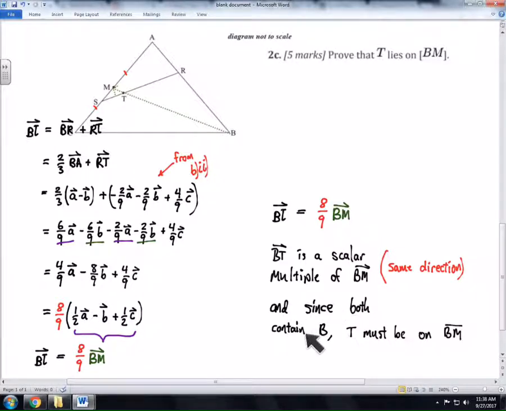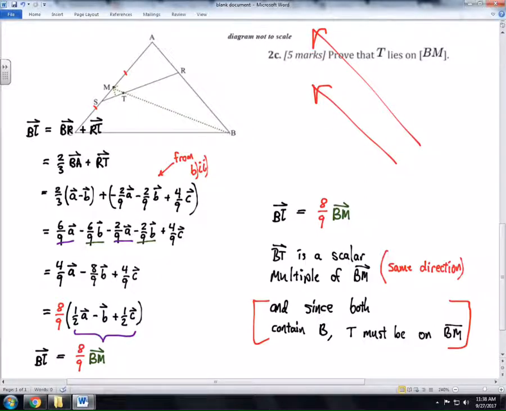Coupled that with the fact that they both contain the point B means that T must be on the line BM. Now again, if I left out this last part right here, then we could claim that one vector is here and the other vector is here, and I could claim that this vector is clearly 8/9 of that vector, but it doesn't mean that the point T lies on the thing.